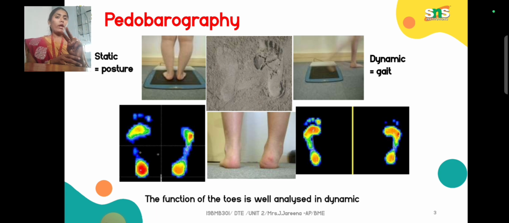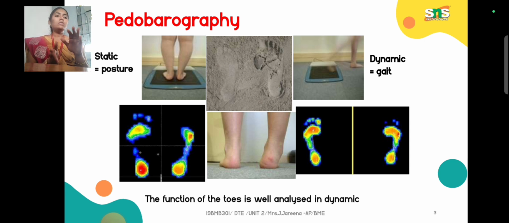Here you can make two kinds of measurement: static and dynamic. Static measurement is about the posture we maintain when we are standing or sitting, but here we concentrate on standing, because the device has been designed in such a way that it can measure the pressure difference on the ankle and the foot.